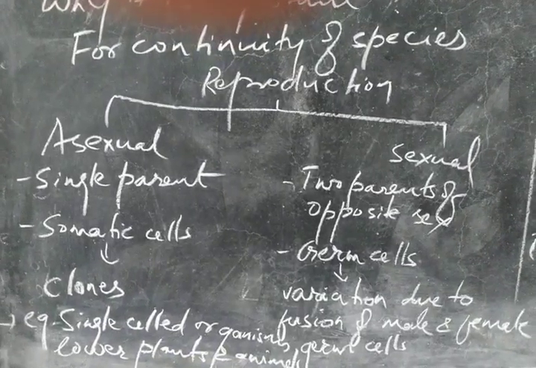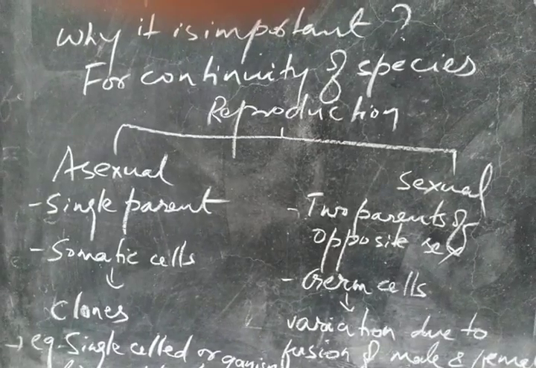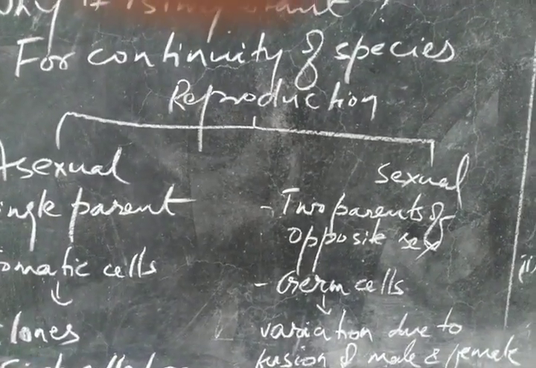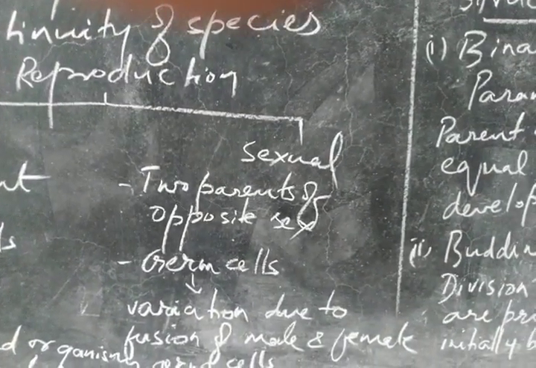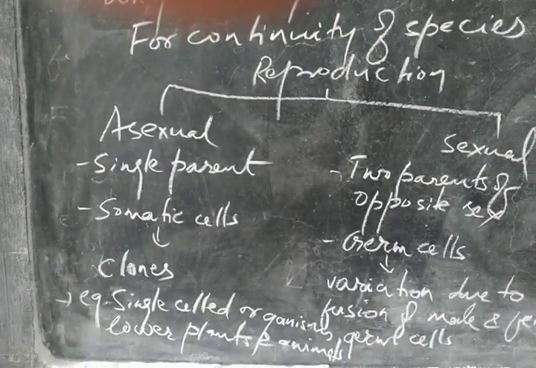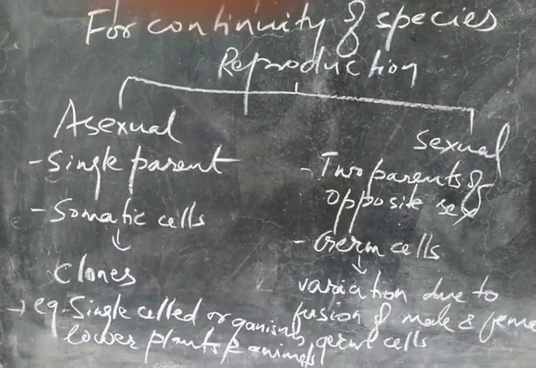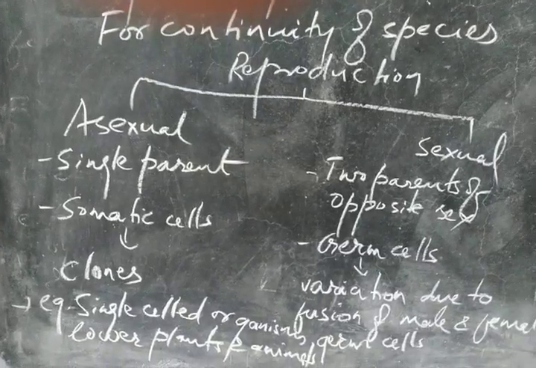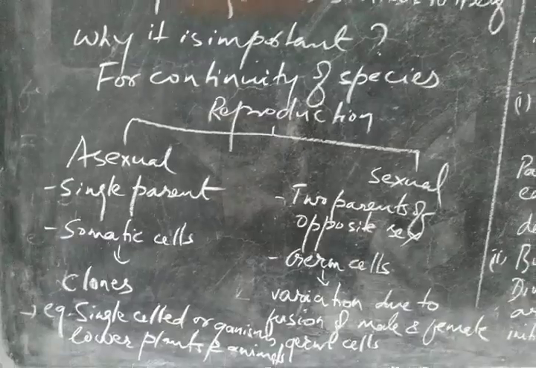Since somatic cells are involved in asexual reproduction, the offspring are known as clones, as they are identical exact copies of the parents, whereas in sexual reproduction, variation occurs due to fusion of male and female gametes. Examples of asexual reproduction are single-celled organisms, lower plants and animals, whereas in higher plants and animals, sexual reproduction takes place.